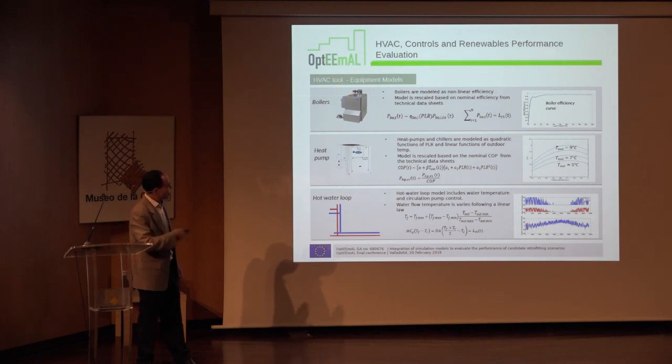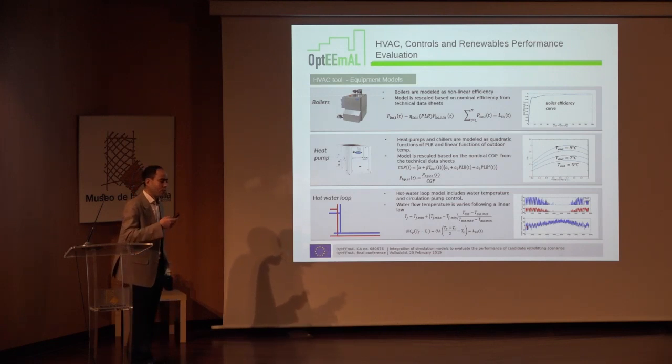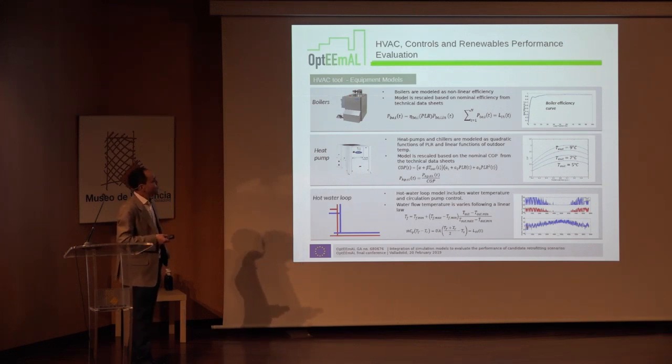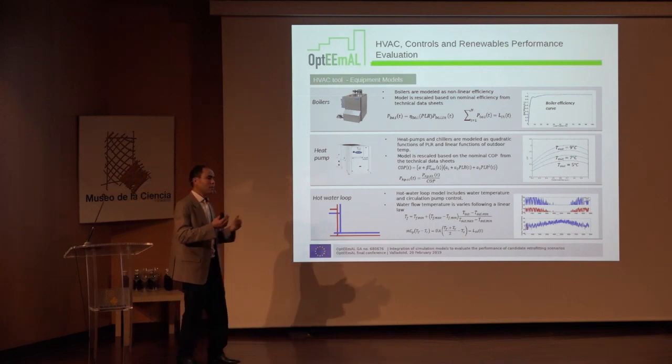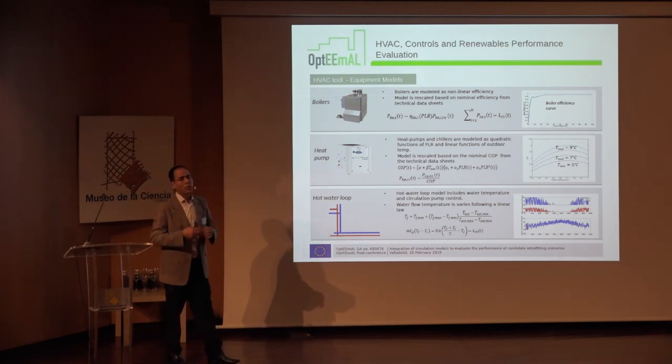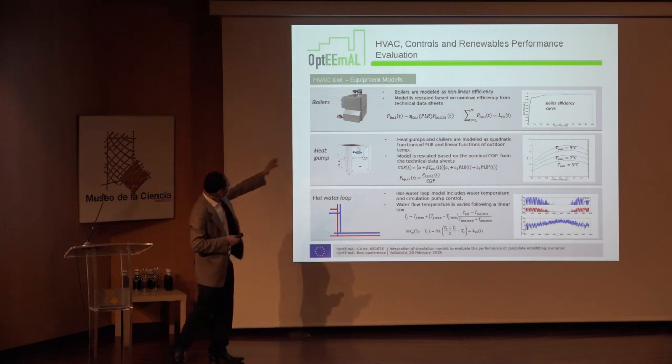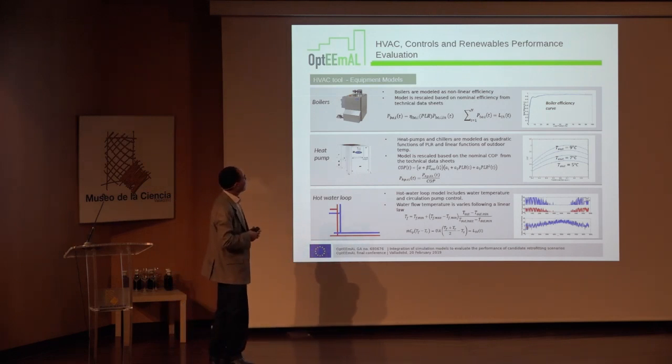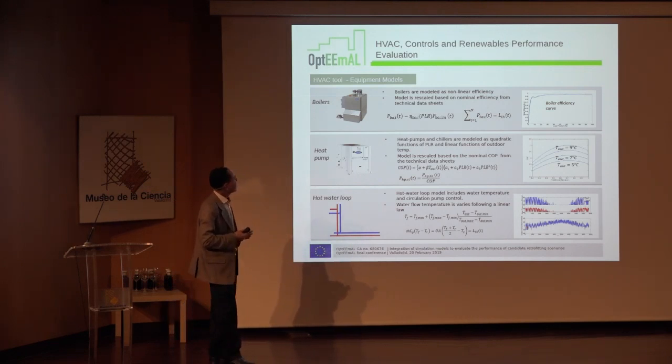In this slide and the next slide, I'll give you a flavor of the types of models that are implemented in the tool. We have different types of boilers: natural gas, condensing and non-condensing, diesel boilers, and biomass boilers, and these are modeled using nonlinear efficiency models.